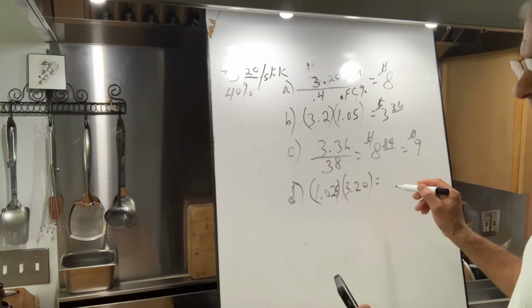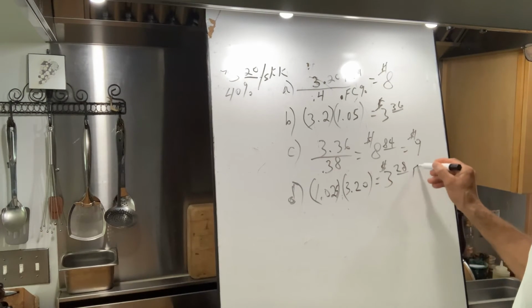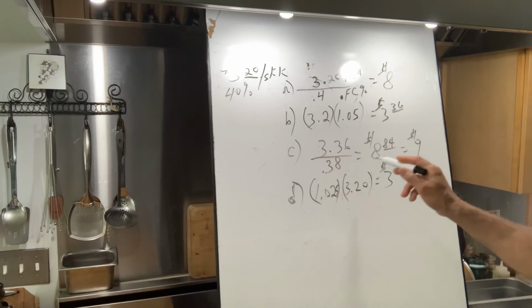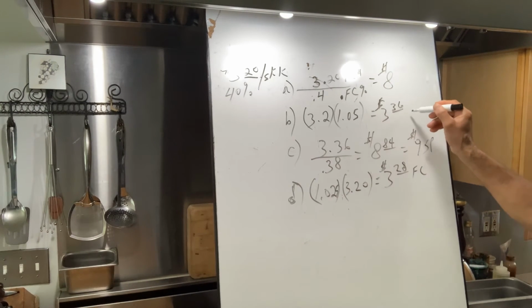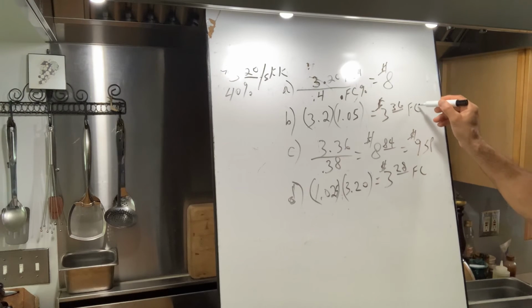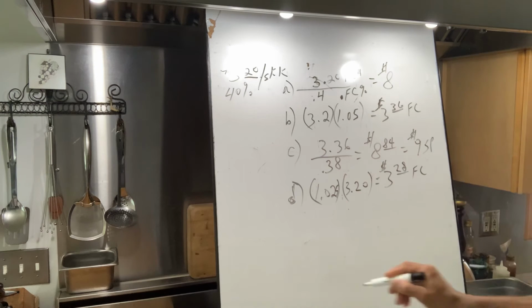So $3.20 times 1.025 equals $3.28 food cost. Get in the habit of labeling your figures. This would be food cost with inflation of 2.5% for 6 months, and so you know where you stand. So always label your numbers.